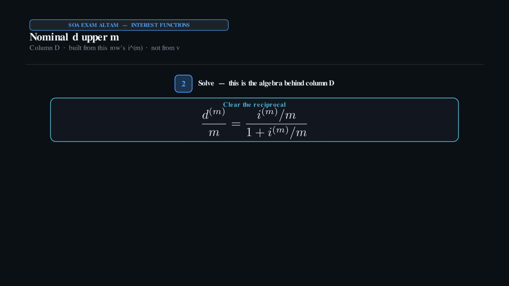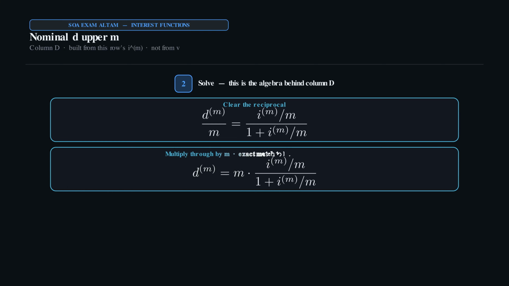D upper m over m equals the MTHLY interest piece over 1 plus that same piece. Multiply by m. D upper m equals m times I upper m over m, divided by 1 plus I upper m over m. When m is 1, this is ordinary D, I over 1 plus I. As m grows, D upper m rises toward delta, the same limit I upper m is falling toward.